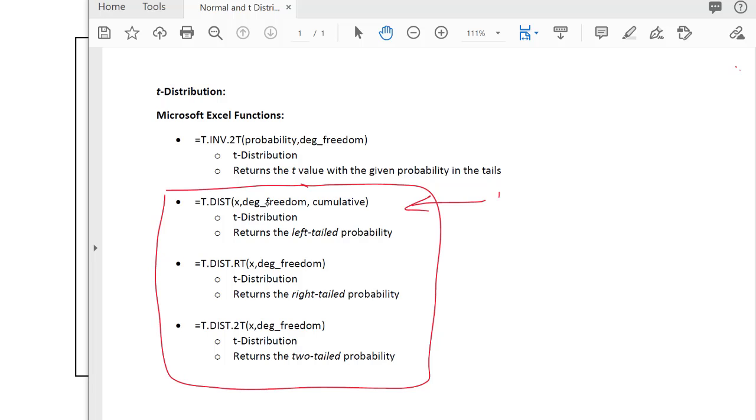The default one, again, is a left tail, and the others are obviously the right-tail and two-tail versions. And so where the Excel documentation is asking for an X, that's really our t value, then the degrees of freedom, and in this case you have to say true for cumulative; the other ones don't need that. So basically you're supplying a t-value and the degrees of freedom, and you're going to get back the probability, the p, that you're looking for.